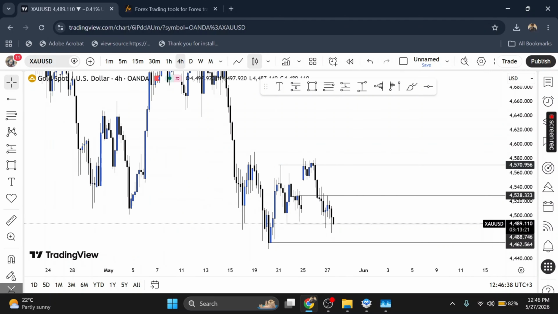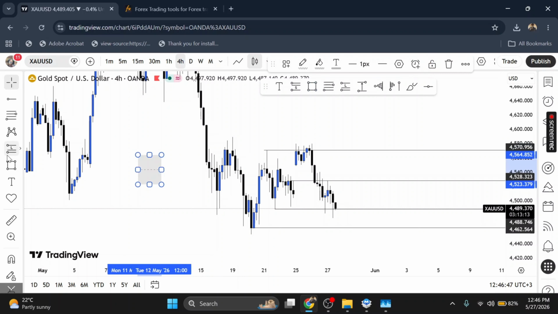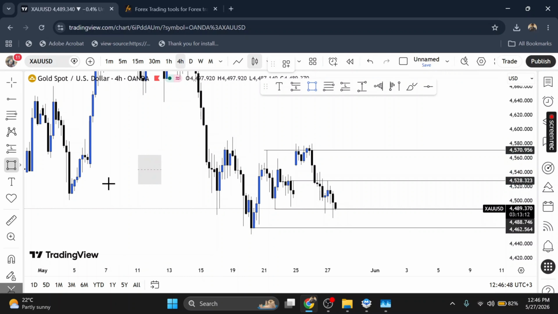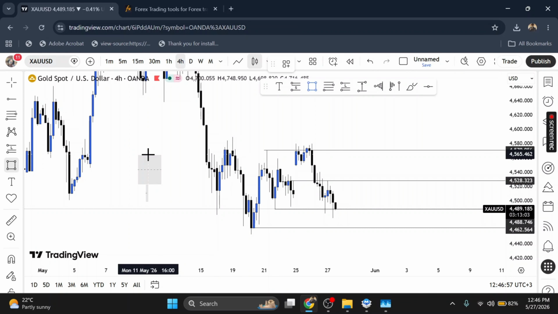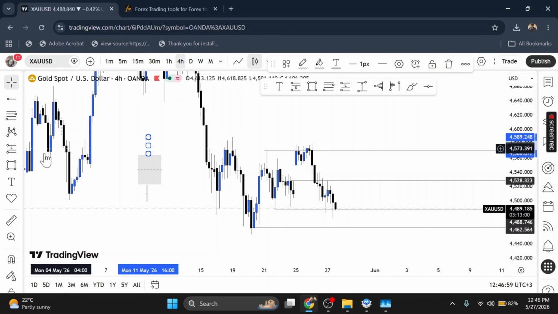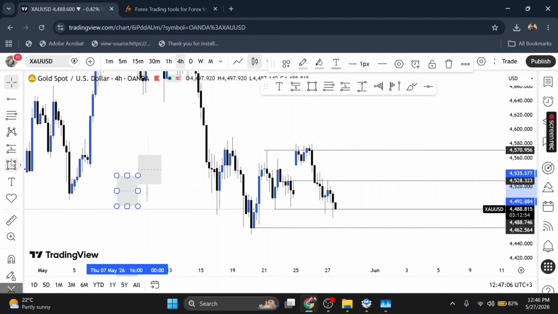We talked about MSNR and we said when a level is fresh, it usually has, let me draw the boxes, the rectangles. If this is a zone, this is a candle, that's a wick, and this is the body of another candle.